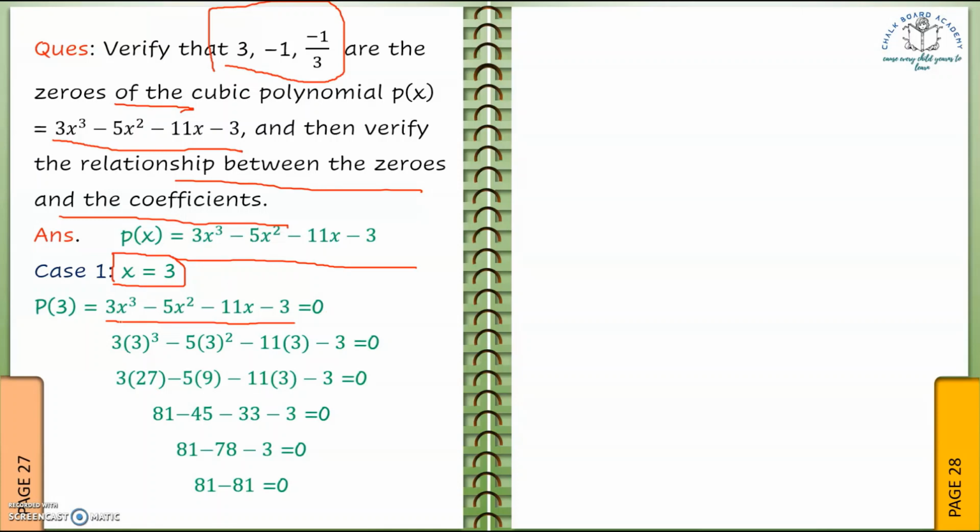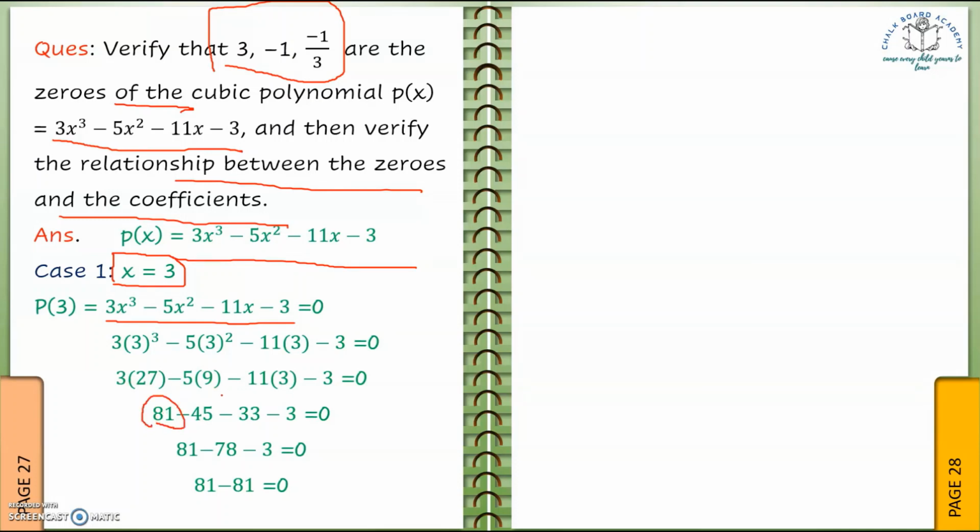If it is not equal to 0, then no, it is not the 0 of this cubic equation. So here now we are putting the value x as 3. So 3 into 3 cube minus 5 into 3 square minus 11 into 3 minus 3 is equal to 0. Then we get 3 into 27 minus 5 into 9 minus 11 into 3 minus 3. So 3 into 27, which is equal to 81.